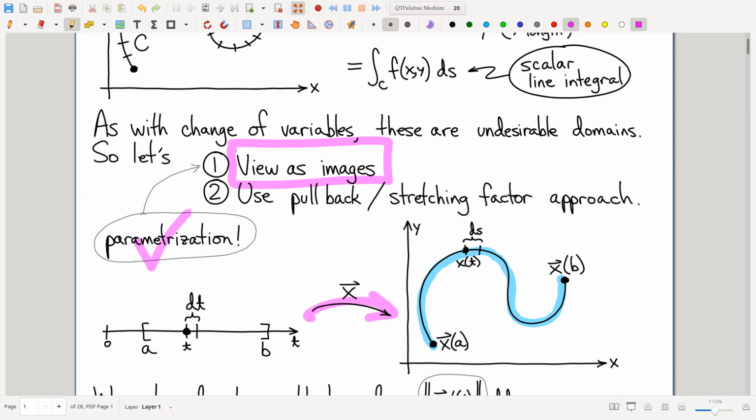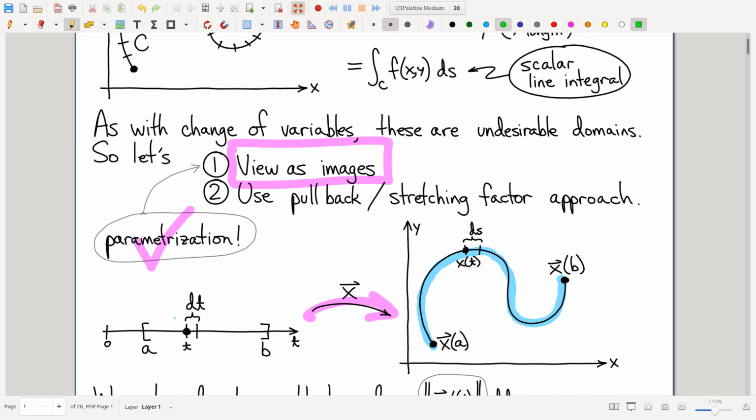That's called a parameterization. We've already talked about parameterizations. We've studied techniques for how to create parameterizations. We already had it. Lucky break. Sometimes you get lucky.